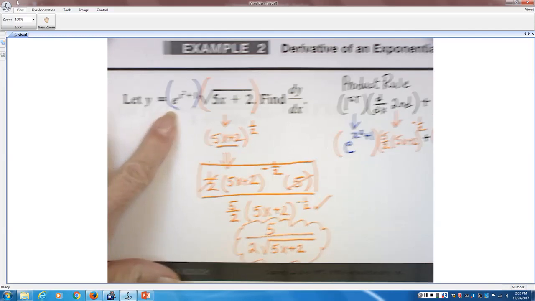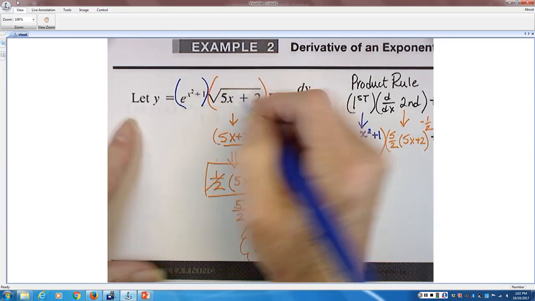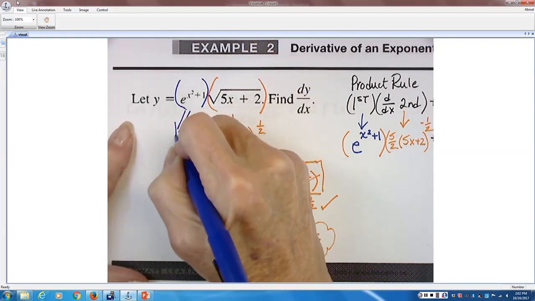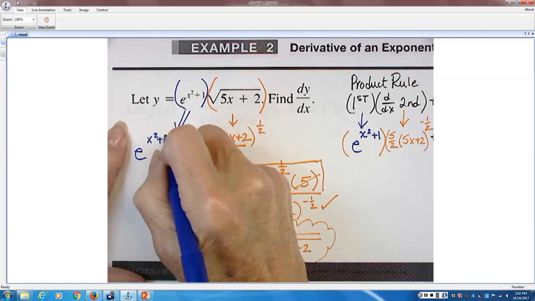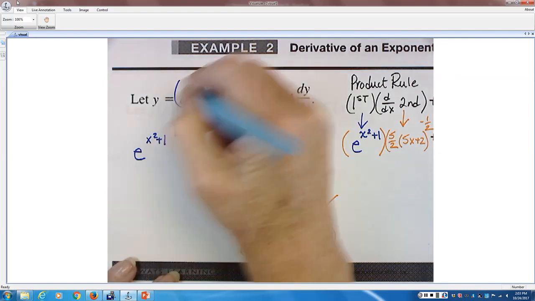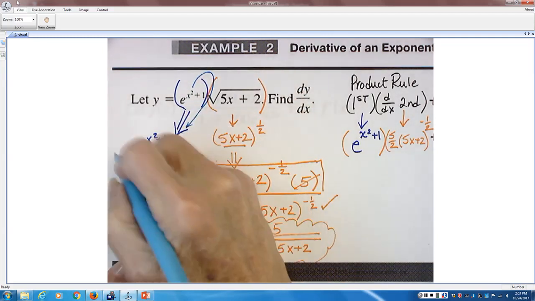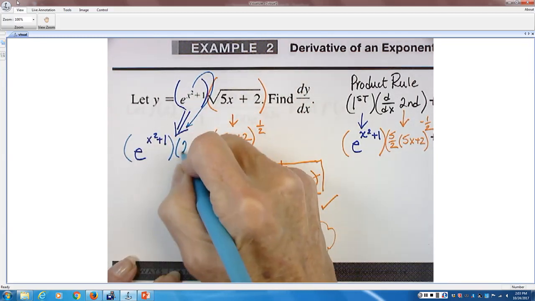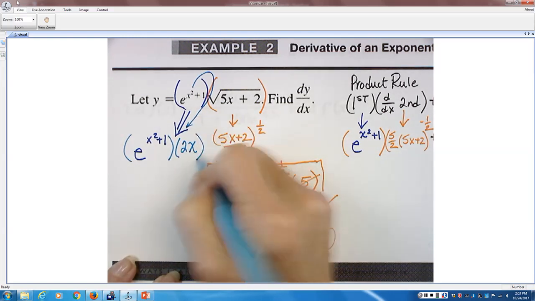So the derivative of the first factor is going to be e raised to that power times the derivative of the power. So you need the derivative of the power, which is going to be 2x to the first power plus 0, which is just 2x.